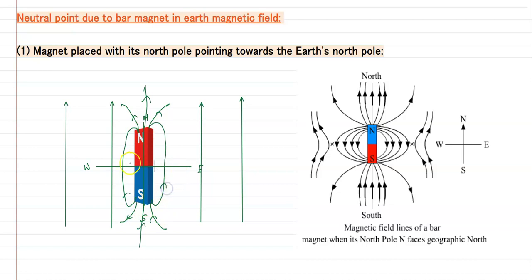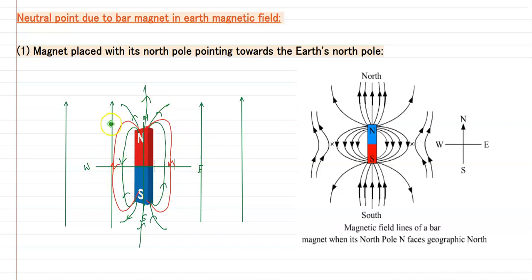You can see the field line due to the bar magnet and the field line due to Earth's magnetic field are in opposite directions on the perpendicular bisector region of this bar magnet, like that region and that region.